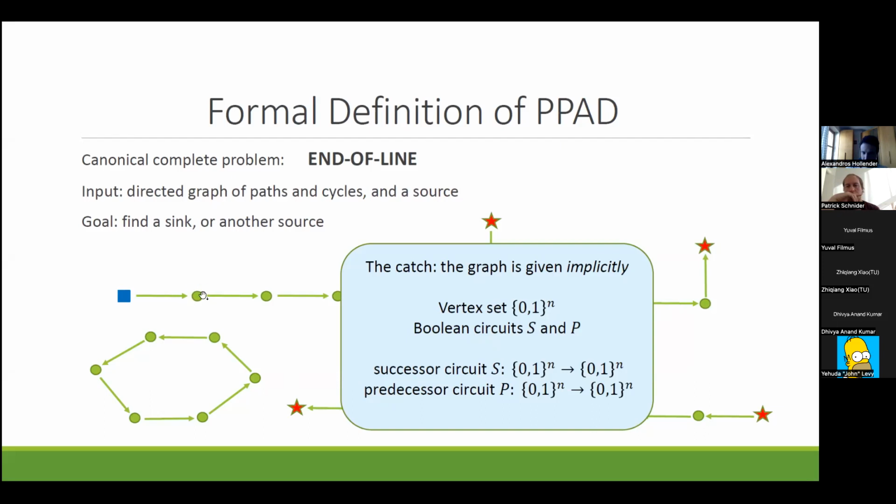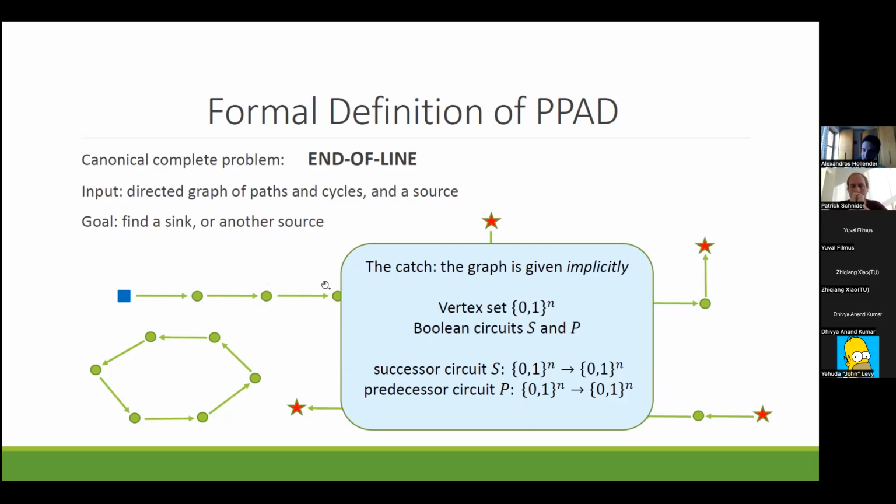If we look at this node over here, if I give this as input to S, then S is going to output the ID of the next node, the successor node. And similarly, if I give this input to the P circuit, then I will get the ID of the predecessor node.